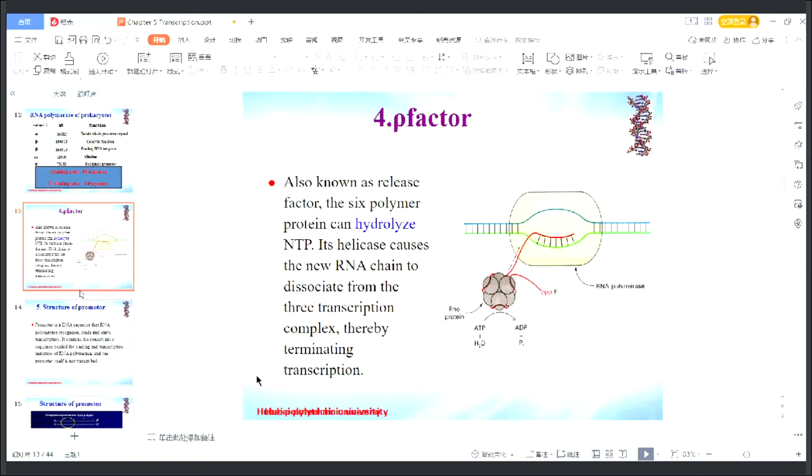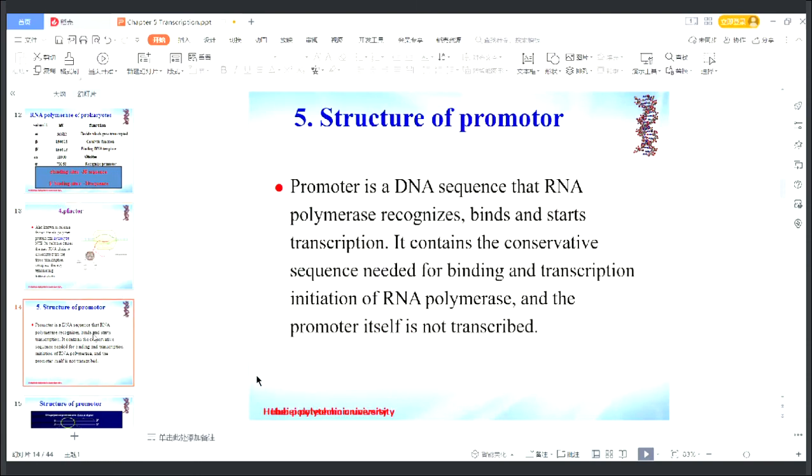From there, we study the structure. The promoter is a DNA sequence that the RNA polymerase recognizes and binds to begin transcription.